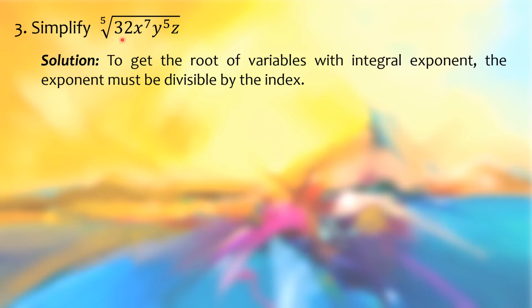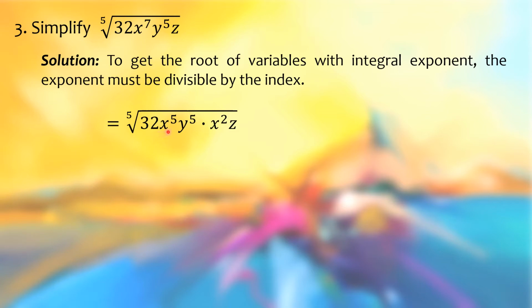And then yung 32, kailangan nating isipin kung siya ba ay perfect to the 5th power. So we have the given solution of fifth root of 32 x to the 5th, y to the 5th, times x squared z. So paano naging ganito yung ating resulting expression?